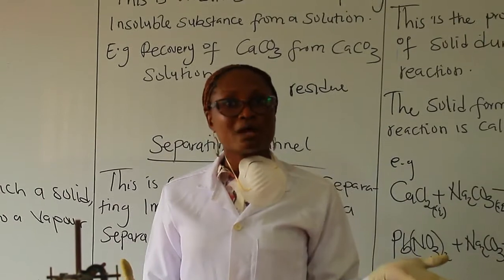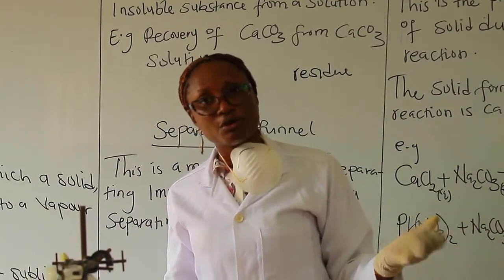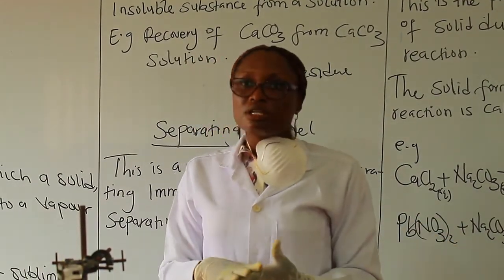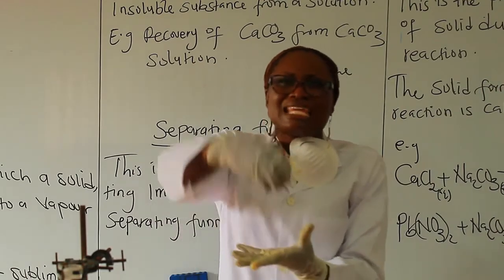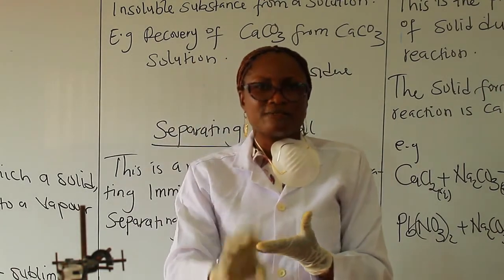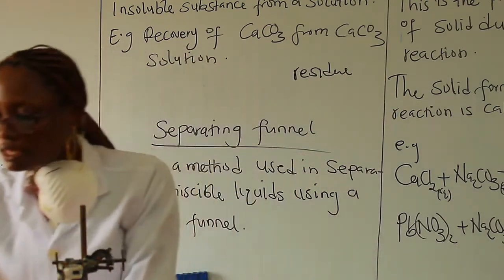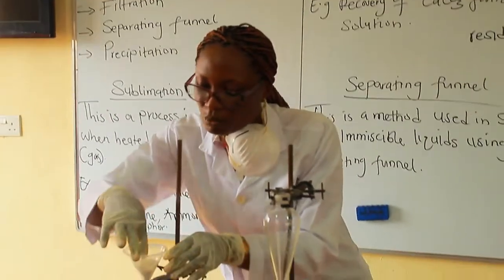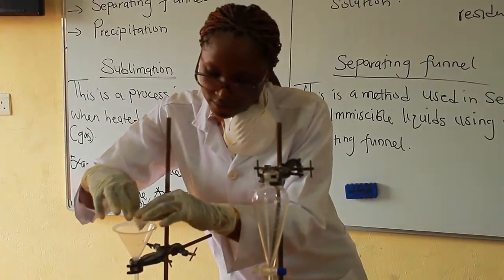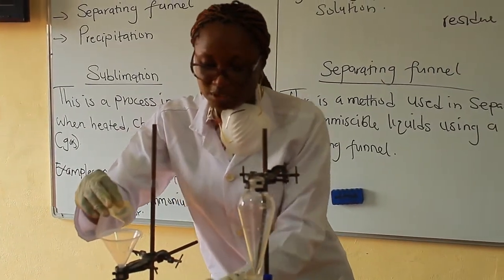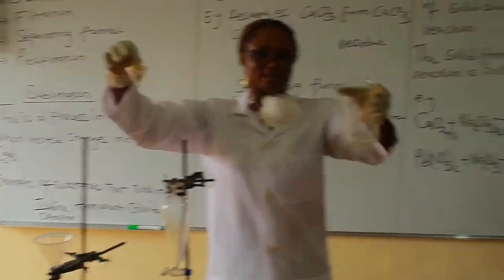And then we went to look at filtration also. We saw that filtration is how to separate an insoluble substance from a solution. And we did that. Now look at it. I thought it was a slow method. Look at it.